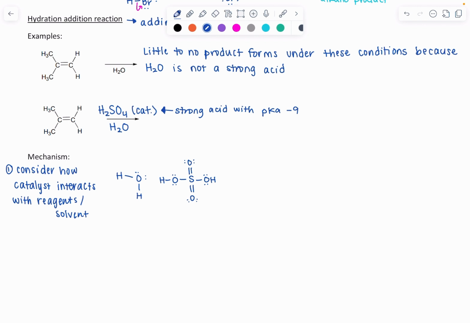Water has a pKa of 15. We said sulfuric acid pKa is -9. So these two reagents, the catalyst and the solvent, will go through a proton transfer reaction with sulfuric acid as the acid and water as the base.